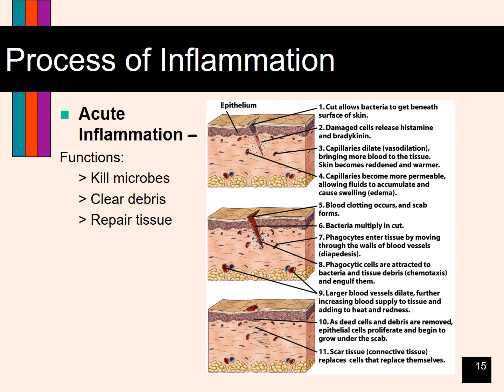Okay, so the functions of inflammation are to kill the microbes, and the phagocytes would do that. The phagocytes would also clear the debris, and then you would also have repair of the tissue, and this can occur very quickly. You also want to wall off the infection so that it doesn't become more invasive and get into deeper tissue.